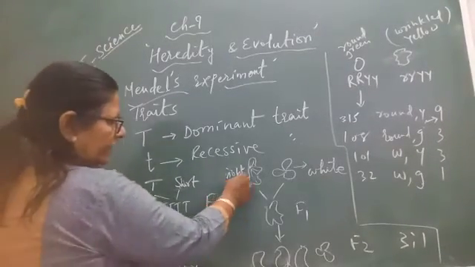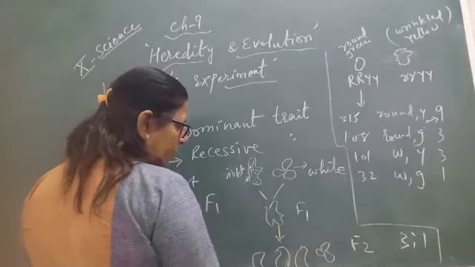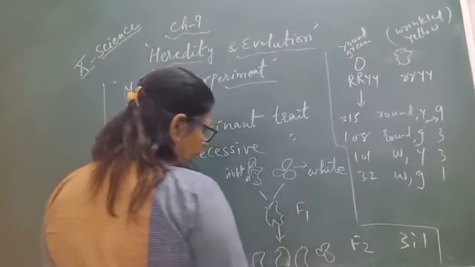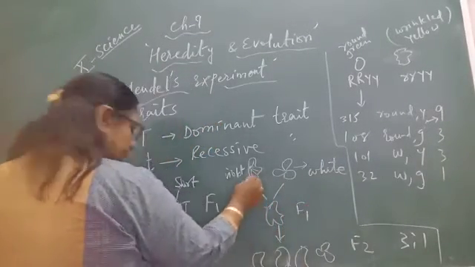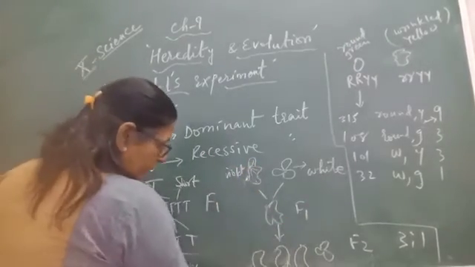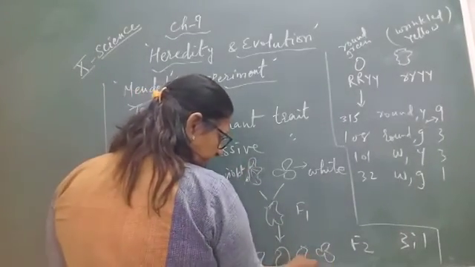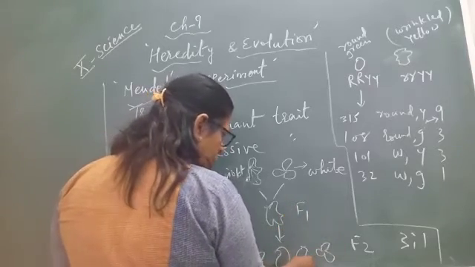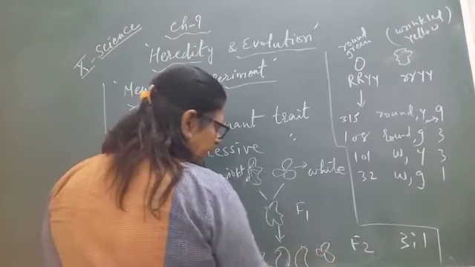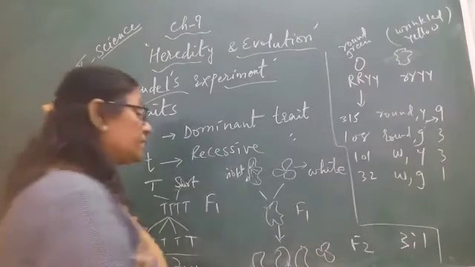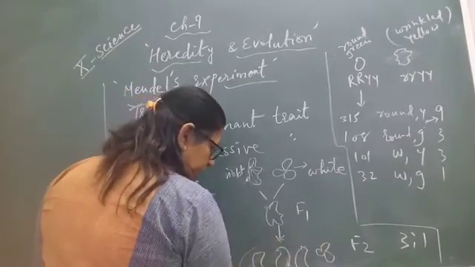Here, when the violet and white flowers were pollinated, in the first generation we got all violet, meaning the dominance of violet is seen here. Now out of that, cross pollination of the first generation gave, in generation 2, 3 violet and 1 white.